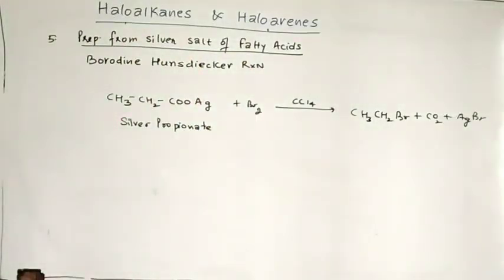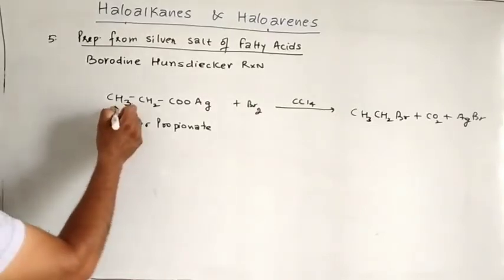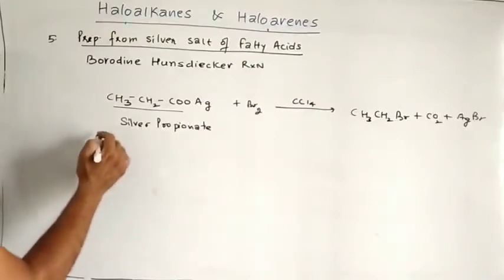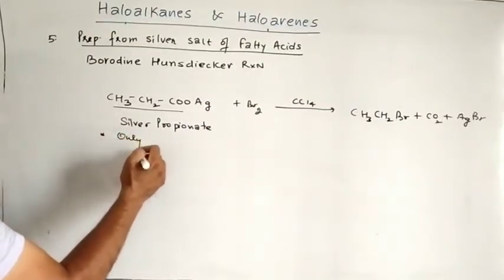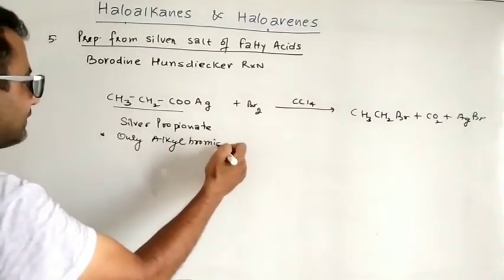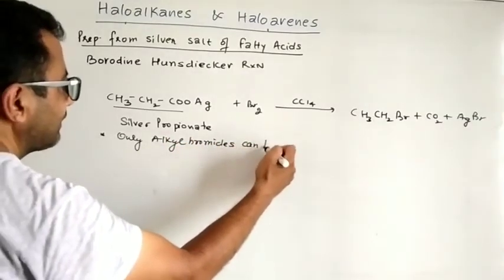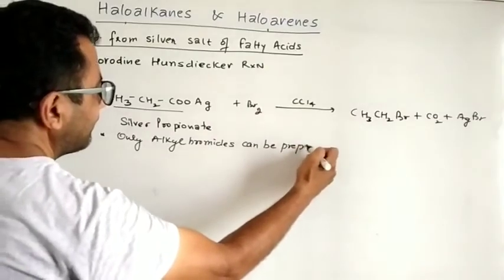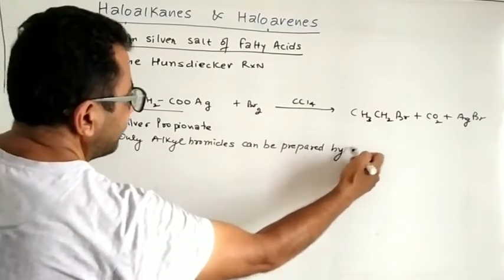So in this way we can prepare the alkyl halide also. Only bromoalkanes and alkyl bromides are prepared by this method. And there are conditions. First, only alkyl bromides can be prepared by this method.